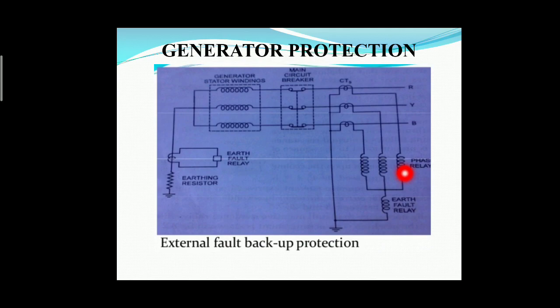If any external faults are obtained, in that case we are using this backup protection. Normally if internal faults are obtained, the relay will operate. But in the case of external faults, the generator may also be damaged.